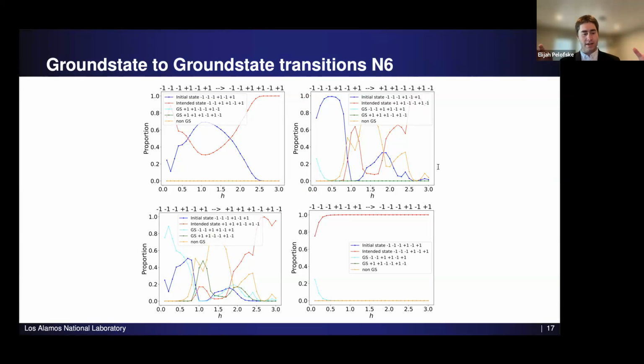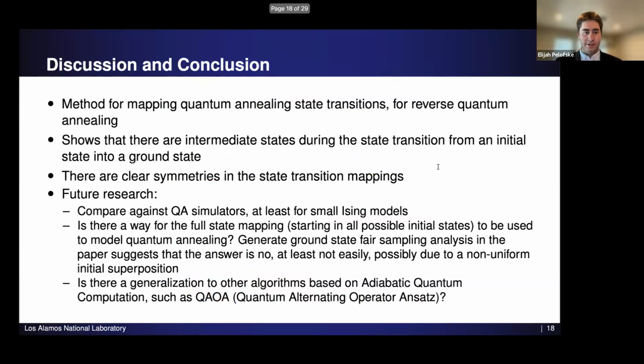And when you're constrained in this somewhat in-between reverse annealing, at this middle part of the anneal, you very clearly have to transition through non-ground states to get to a ground state, which is pretty interesting. I totally did not expect that.